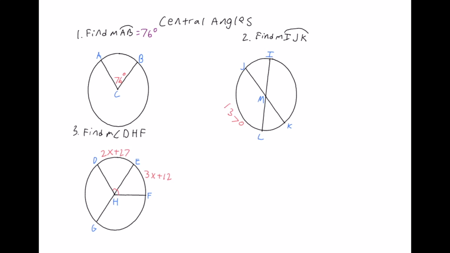So on number 2, I want you to find the measure of arc IJK. Remember, that's a major arc, so it goes I, J, and then all the way around to K. The one measurement we do have is this arc, JL, is 137 degrees.